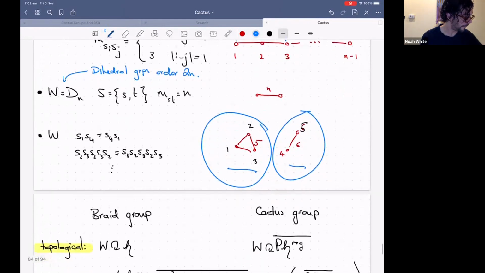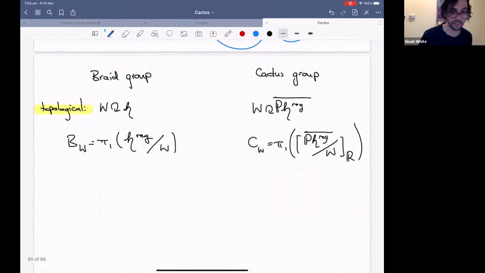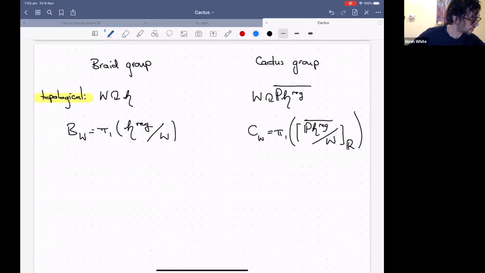Okay. All right, so let me talk a little bit about braid groups and also give you some definitions or some places where the Cactus group appears. All right, so first of all, the braid group. Maybe the first place it appears, depending on your perspective, is topologically. So if you have a Coxeter group, then often it will have a reflection representation.